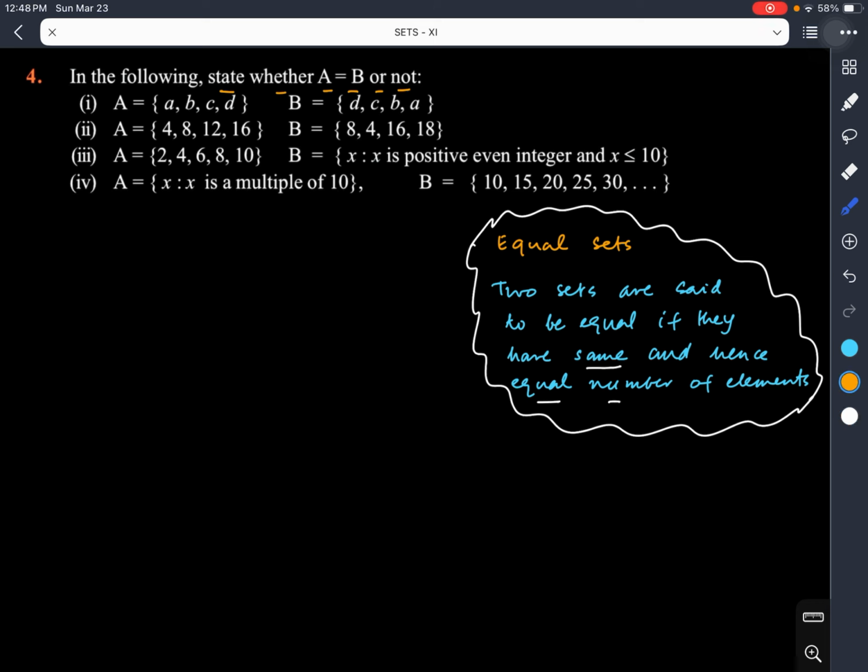Part number first is, set A has elements a, b, c and d. Set B has elements d, c, b, a. We know in the case of sets that the order of elements does not matter.